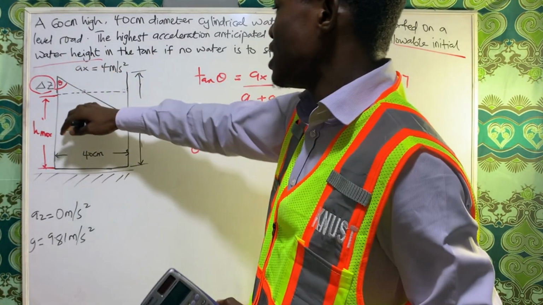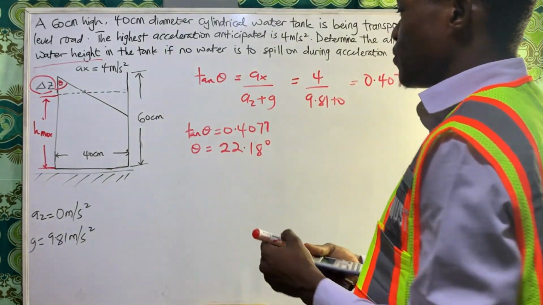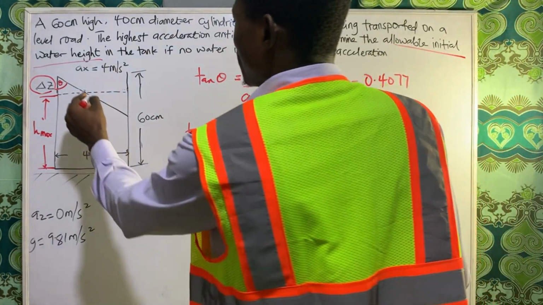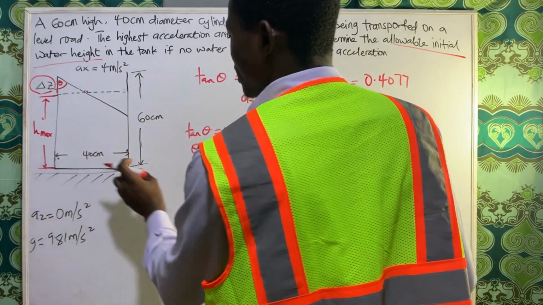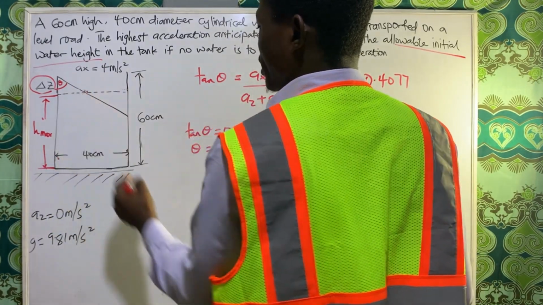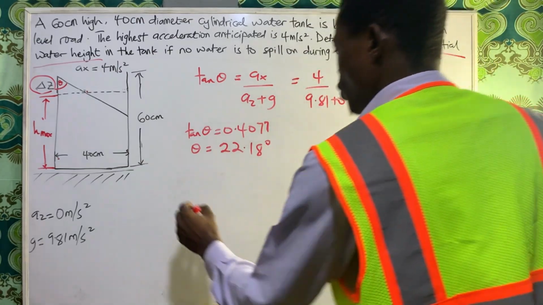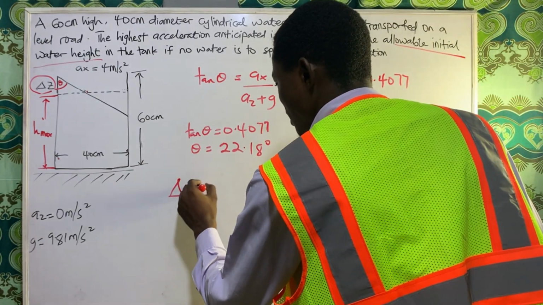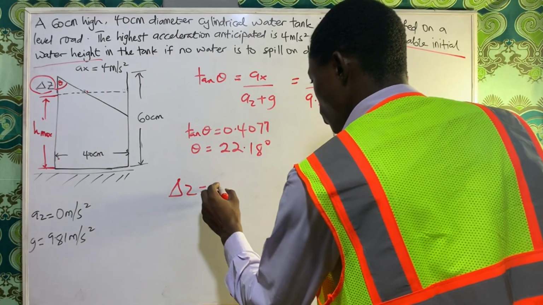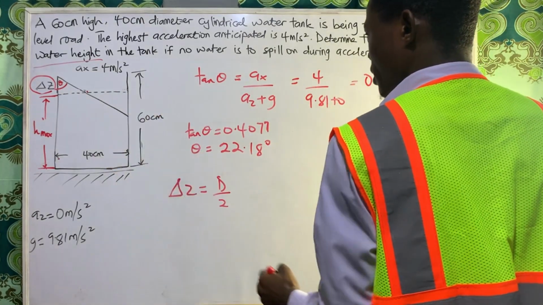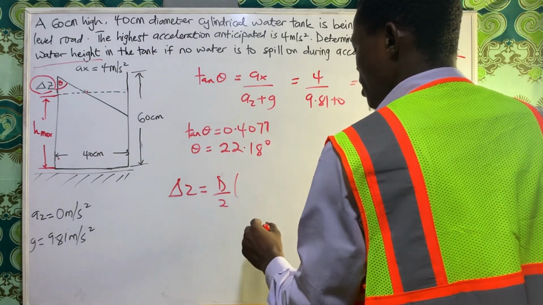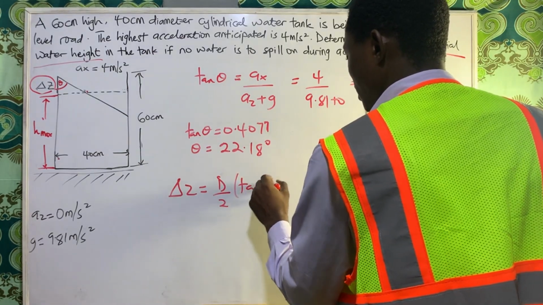The diameter of the whole container is 40, so at the mid plane it is 20. We can find delta z as half of the diameter multiplied by tan theta.